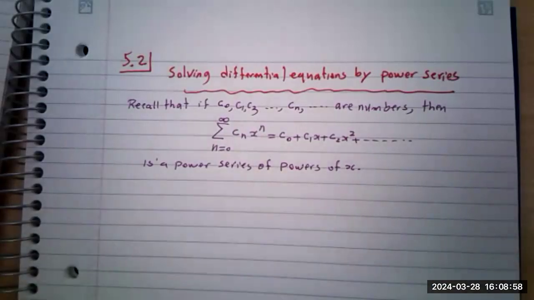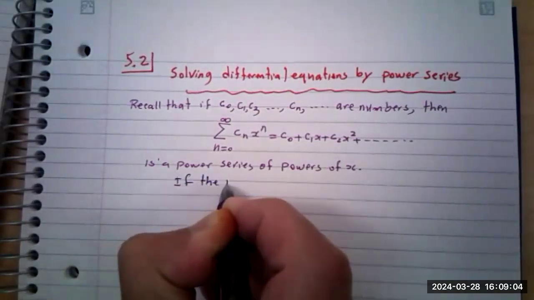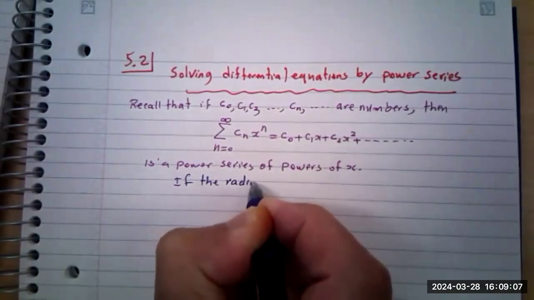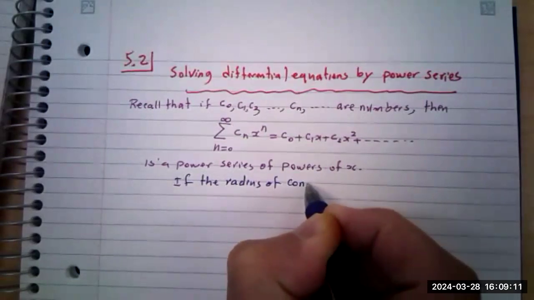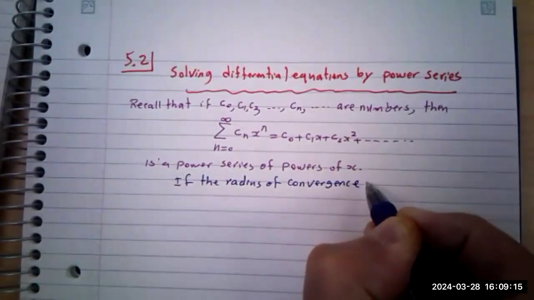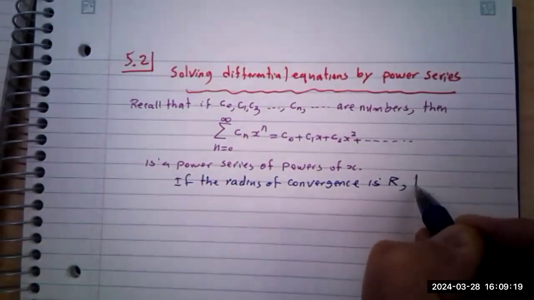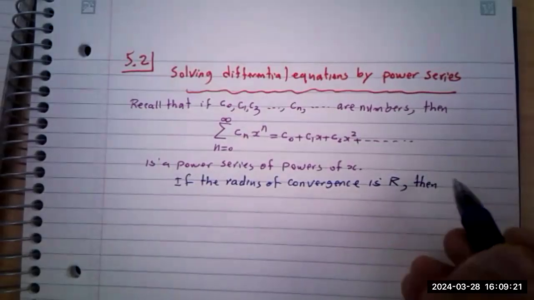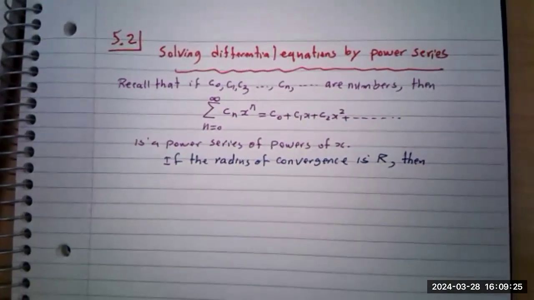So if the radius of convergence is going to be r, then this means this series is going to be convergent for different values of x.